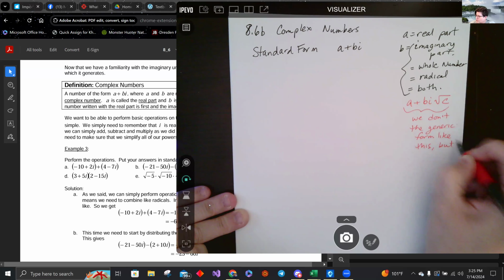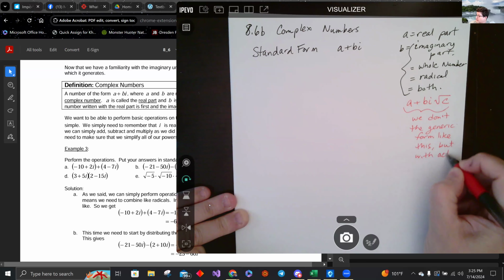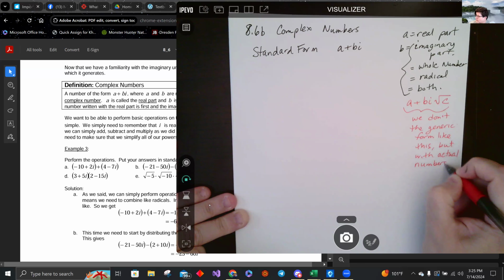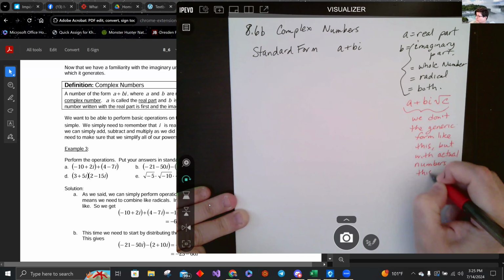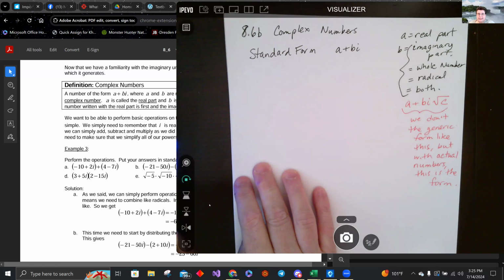But with actual numbers, it often looks like this. This is the form. We usually just call it a plus bi.